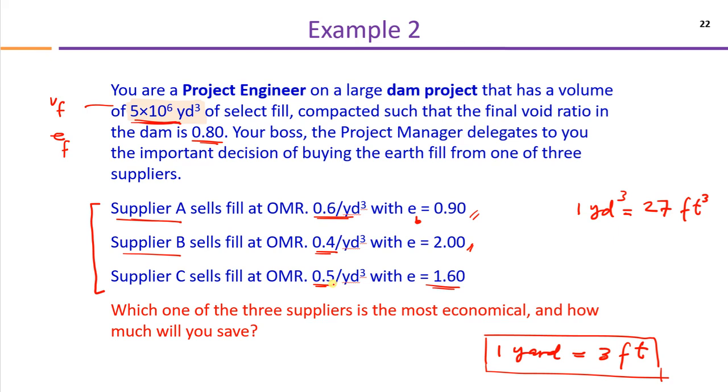If the void ratios are different, total volumes are going to be different. So we are going to find out the total volume, and then using the unit rate we are going to find out the total cost, and from the total cost we are going to decide which supplier is going to be more economical. Okay, let's start this problem.